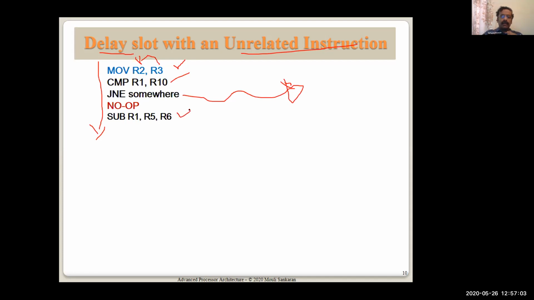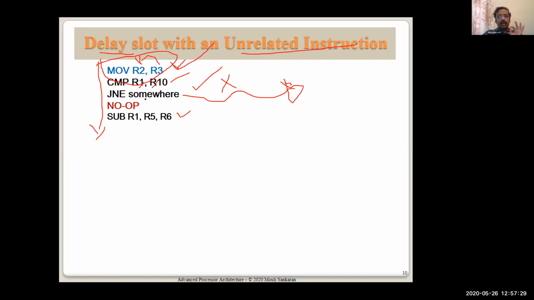Now remember, if it was a normal flow, this would have happened before this jump. Either this jump happens or does not happen, this will be done for sure. Agreed or not? The jump is a conditional jump; it may happen or it may not happen based on the values of R1 and R10.